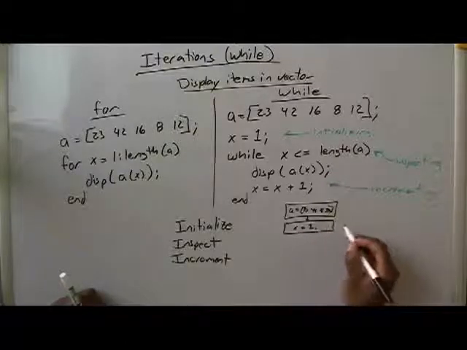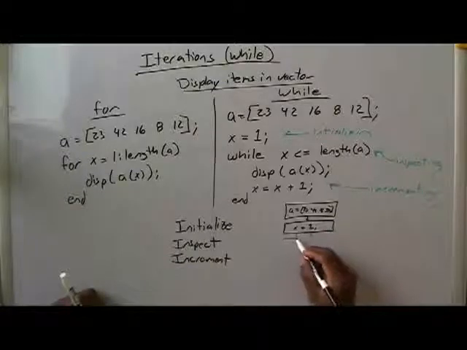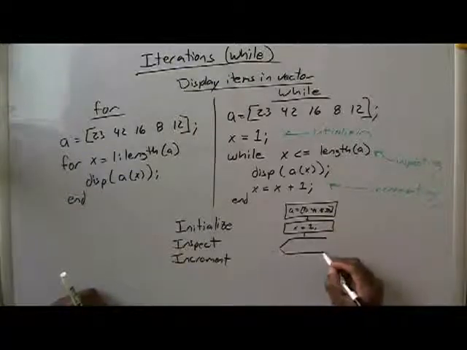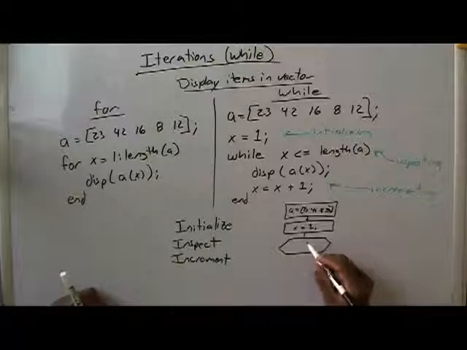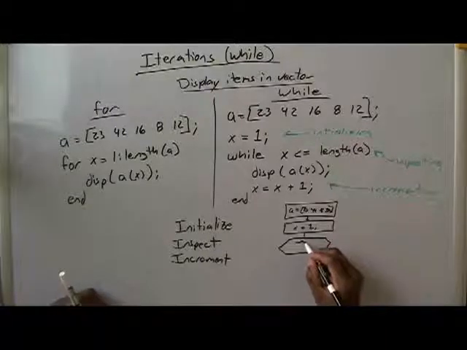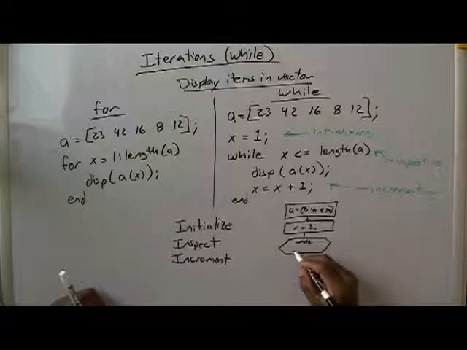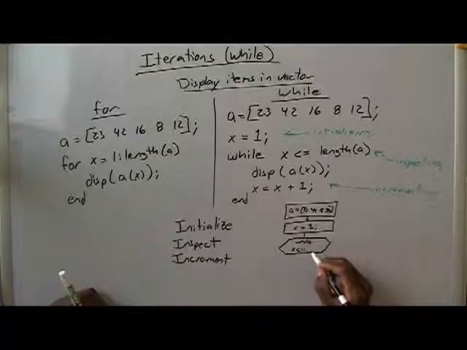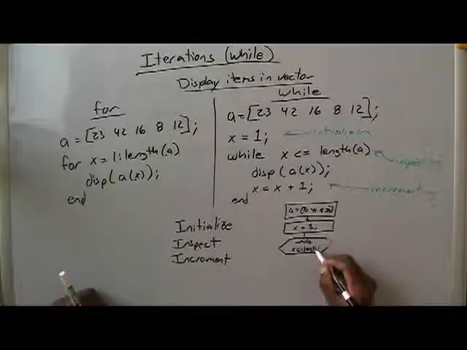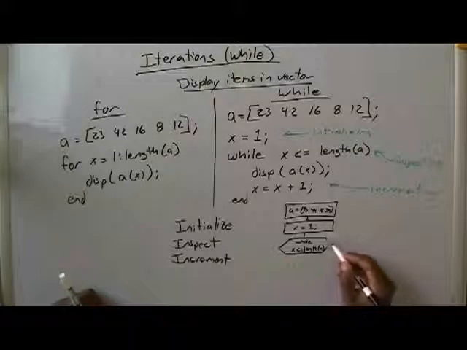So that initializes our loop variable. Then you get down here into the actual while loop conditionals. So this is while, and then we have our logical expression that we're going to evaluate every time through the while loop. Our logical expression here is x is less than or equal to the length of A, which is going to be a common form that we use.